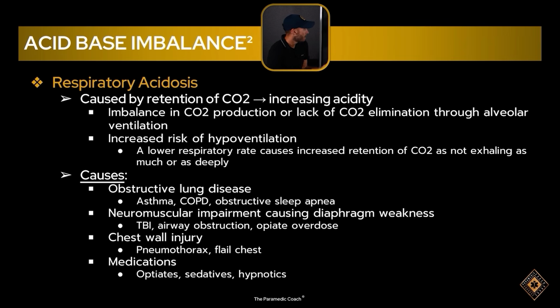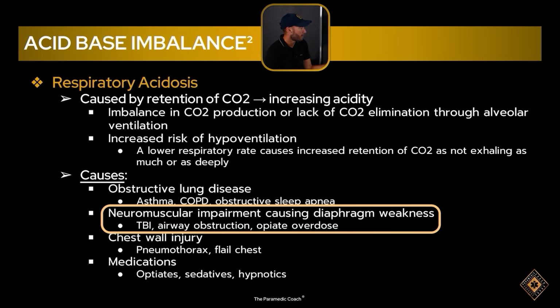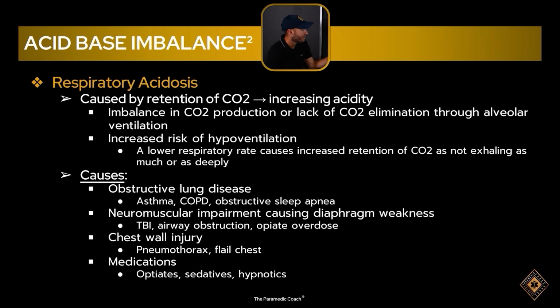Make sense? Now, other causes here that I have, if I have a chest wall injury, I might have a hard time exhaling too. What about neuromuscular impairments causing diaphragm weakness, like a TBI, an airway obstruction, or an opiate overdose, right? And you notice in some of these cases, you can see the overlap, right? Some patients have a hard time getting it out.